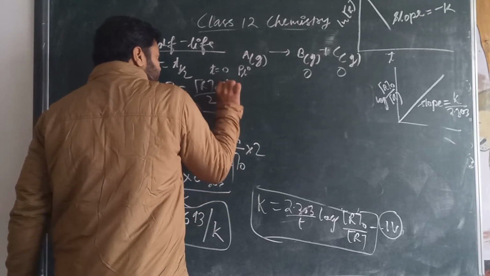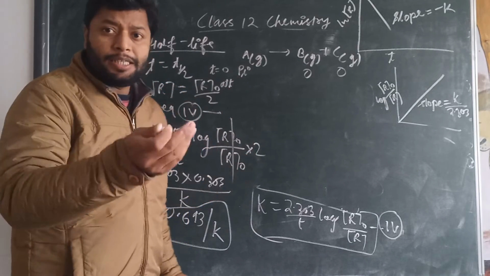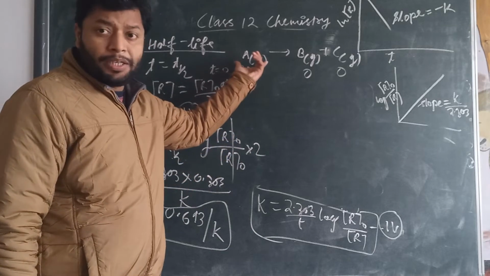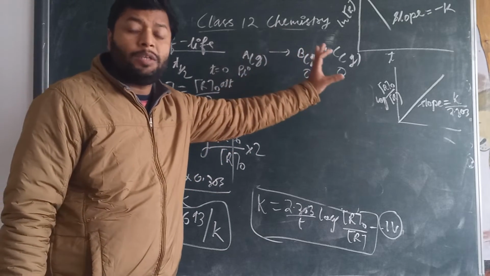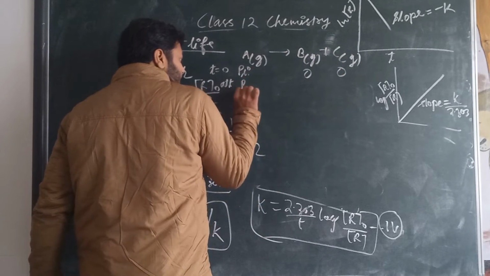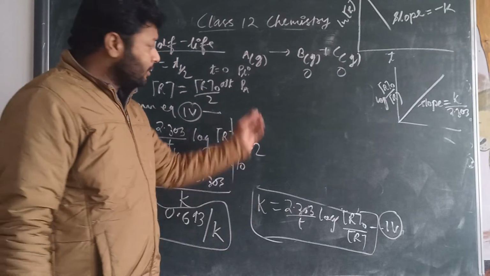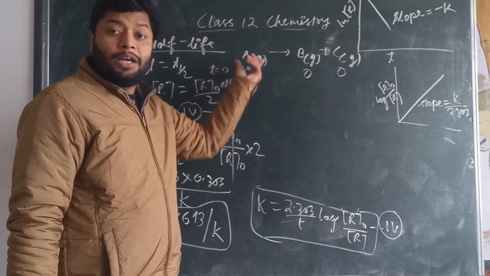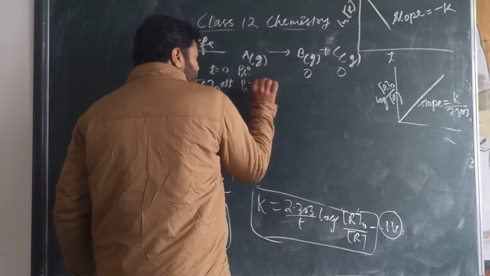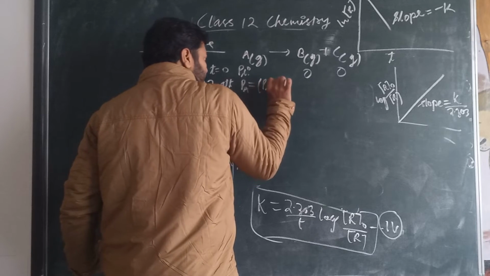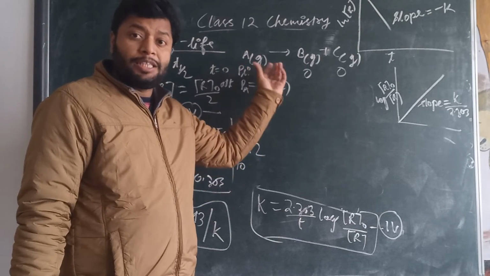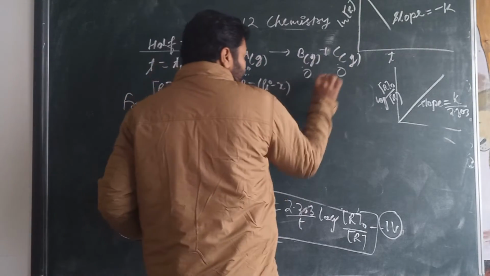Suppose after a certain time T, some of the reactants are consumed and form different products, B and C. So PA, the partial pressure of the reactant at time T, will be equal to Pi minus X, because some of the molecules of the reactant are consumed to form B and C.